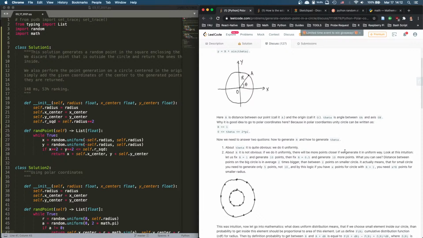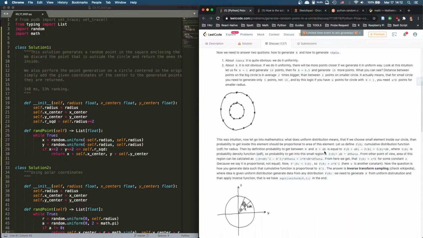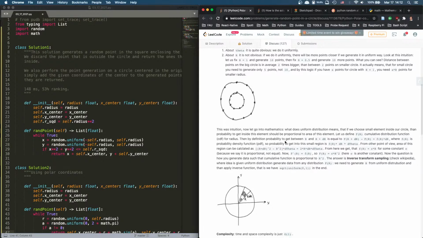Probably more points. Okay. Yeah, we don't need to see. We know. This is probability density. Yeah, we have to do this. Let us define FR as the CDF for the radius, okay?